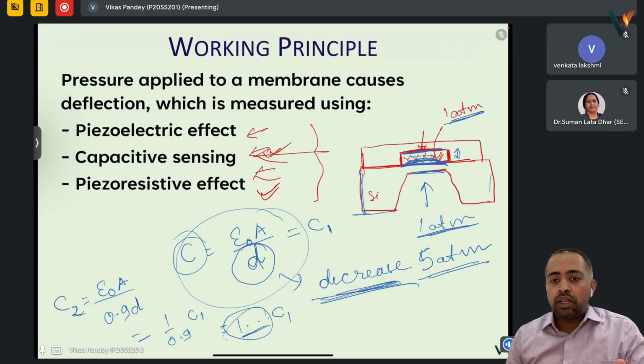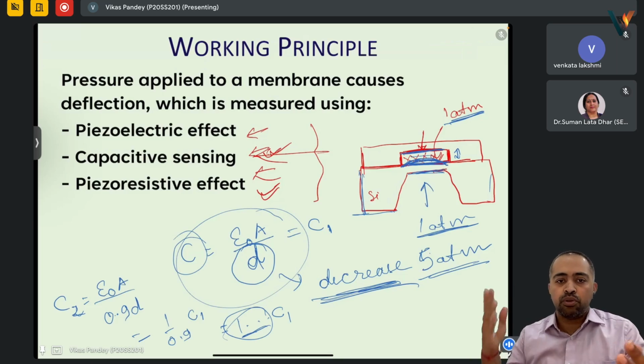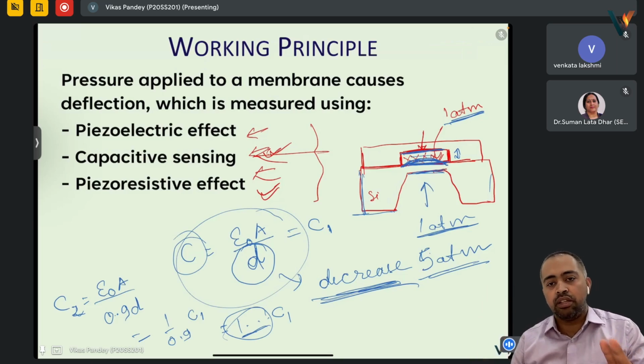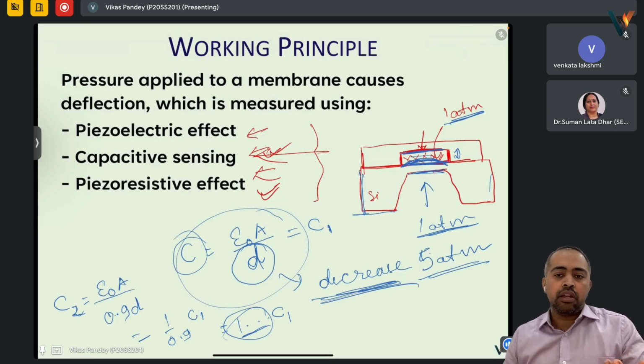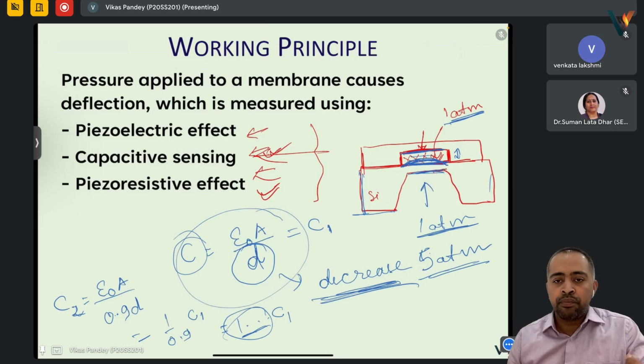This has to be calibrated properly. There are chambers which have standard pressures. We put those pressures and see the effect of those pressures over the sensors. To make it more stable, if you remember from Pascal's law, the pressure throughout the fluid or air is the same.